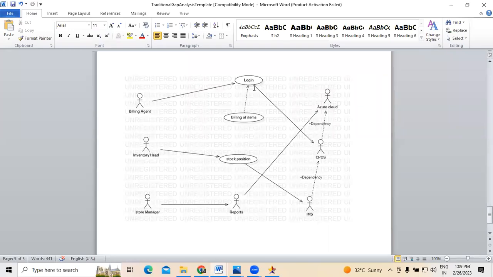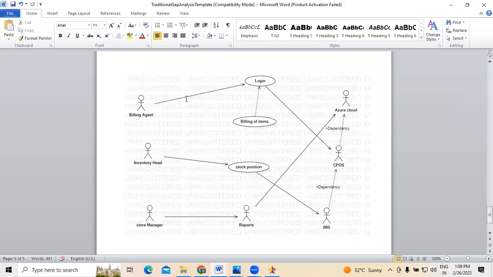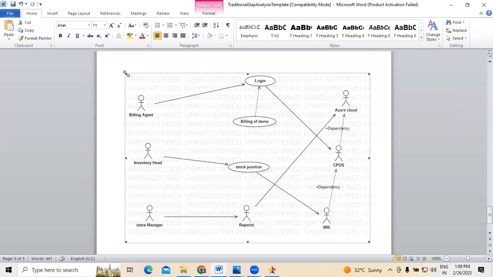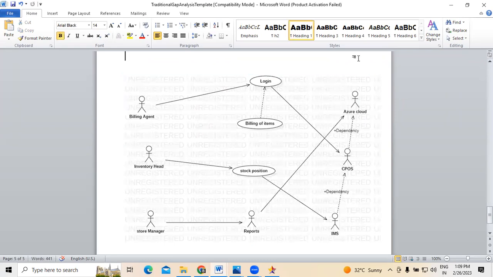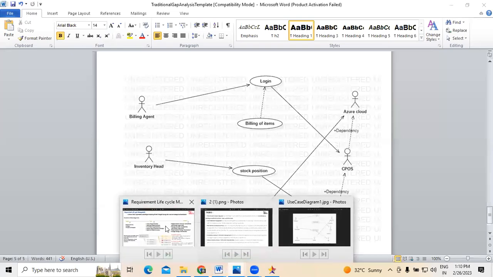In the next week, I'm going to explain about BRD, SRS, and how to write user stories in Jira using that cloud-based POS system. At the same time, I'll explain risk analysis, which has small points. I have not explained those documents yet, because if I explain them it deviates, so they will be followed immediately by user stories.